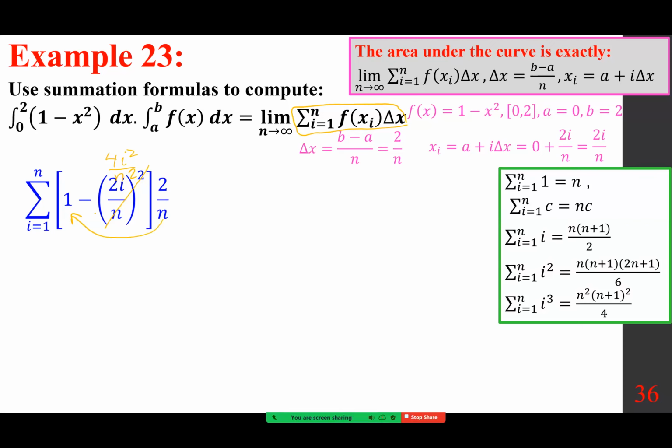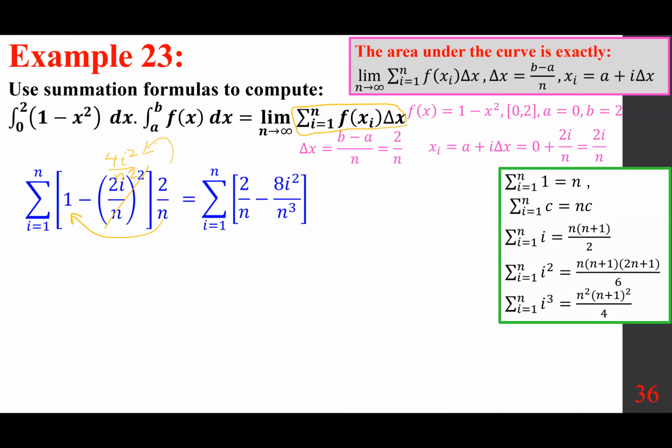Let's distribute here, we get 2 over n. Let's distribute here, we get 8i squared over n cubed. Okay, so I believe it's pretty straightforward.